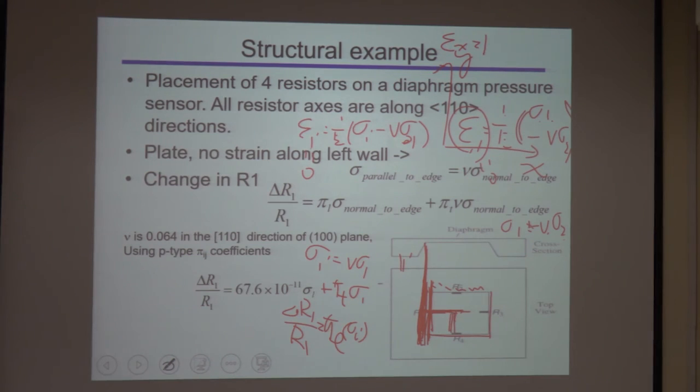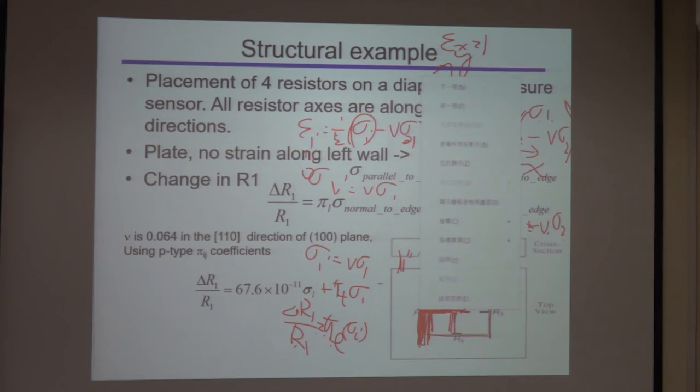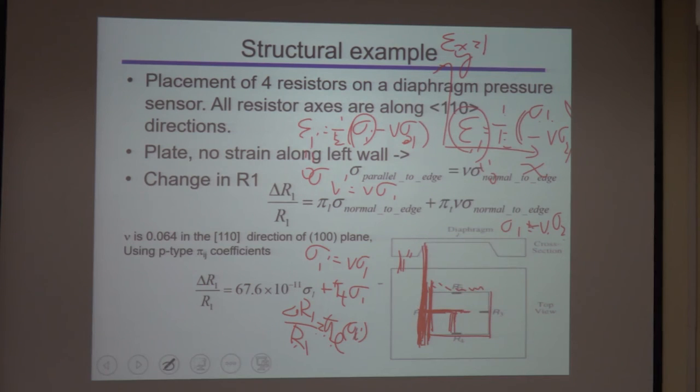Because epsilon 1 prime is 0, we can get sigma 1 prime equal to nu sigma 1. Okay, remember this is the one direction, this is the one prime direction. So now let's come back to delta R1 divided by R1 equals pi L sigma L. Now sigma L is sigma 1 plus pi t, and pi t is sigma 1 prime. But sigma 1 prime equals nu sigma 1, so we can replace sigma 1 prime by nu sigma 1.